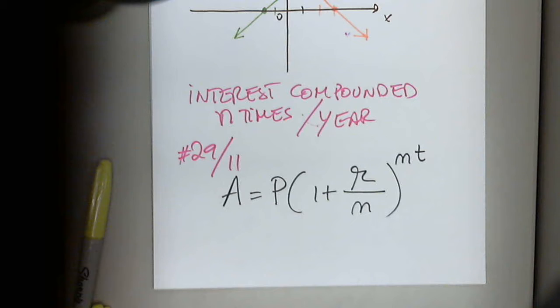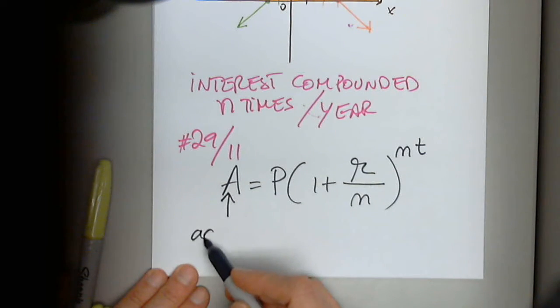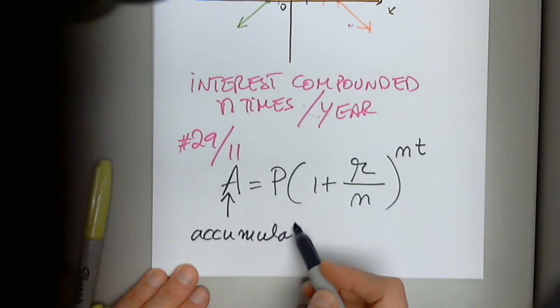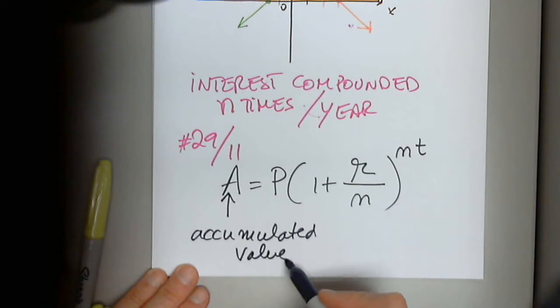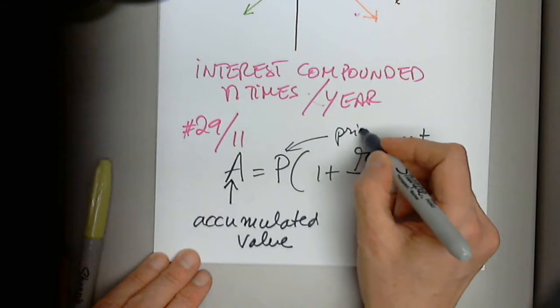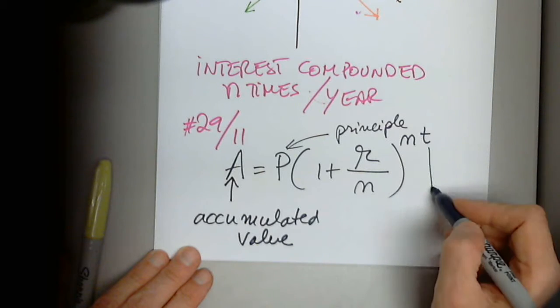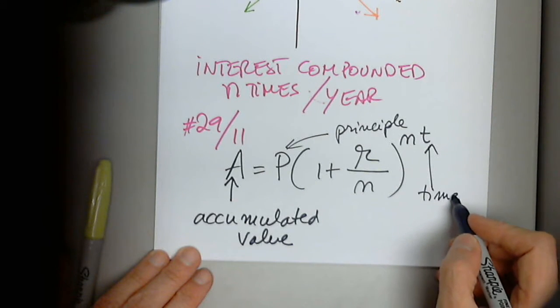And let me tell you what everything represents. A is the accumulated value. P is the principal. T is time in years.